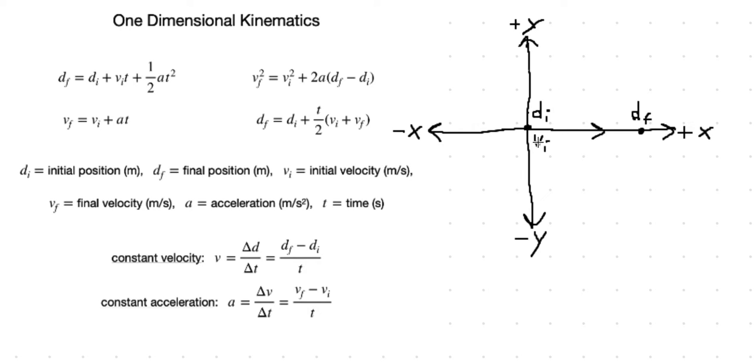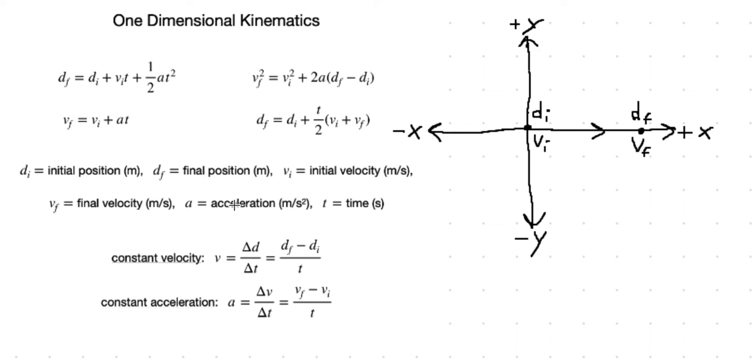And then the object is going to move to the final position df, and it's going to have some other velocity vf. The initial velocity is the velocity at the initial position, and the final velocity is the velocity at the final position here. So now we have acceleration.